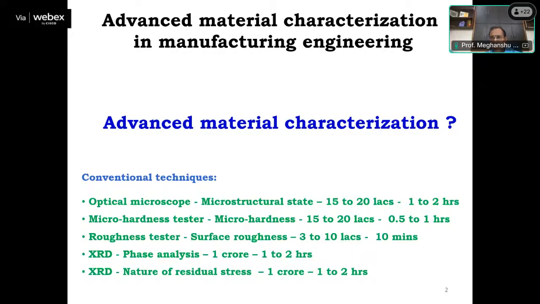The time is around more than 2 hours to assess the health of a manufactured component. This is not permissible in modern manufacturing because we are producing the component in large quantity in mass. So in mass production, if we are investing more than 2 hours to assess the quality or the health of a manufactured component, then this is against the economy.